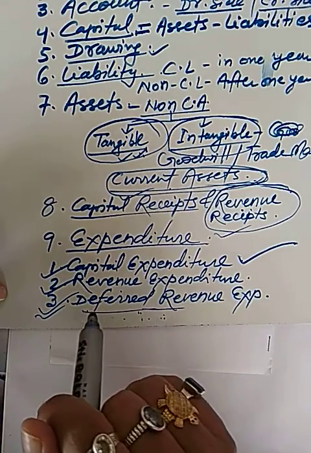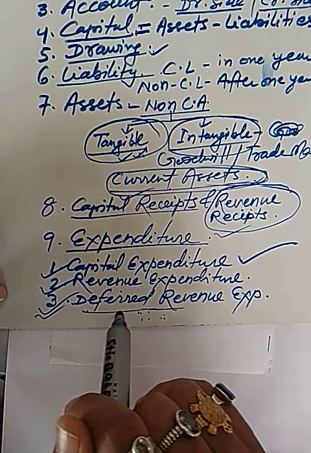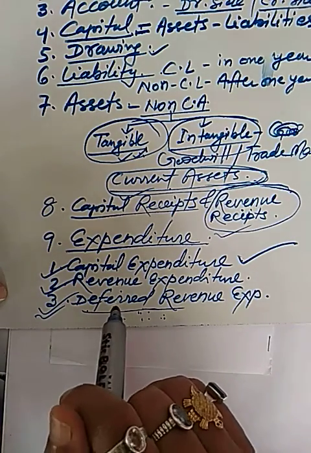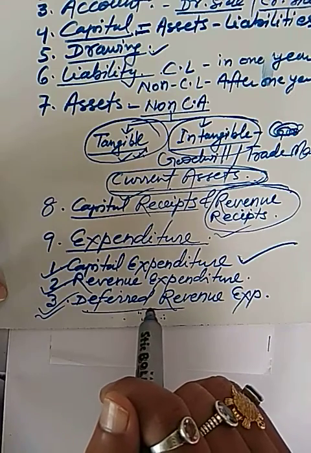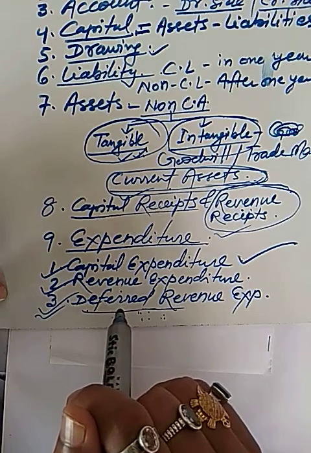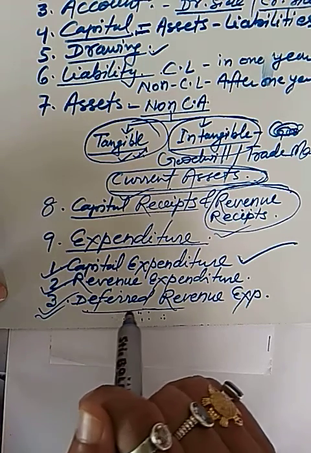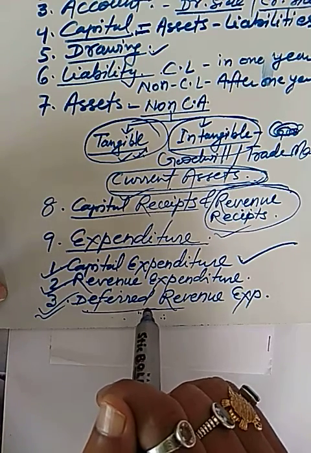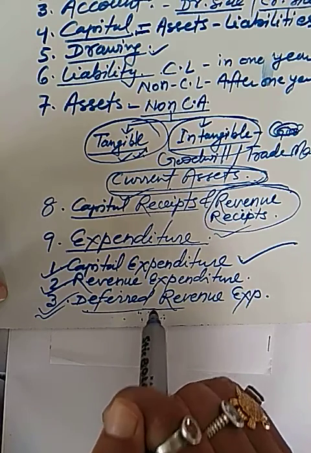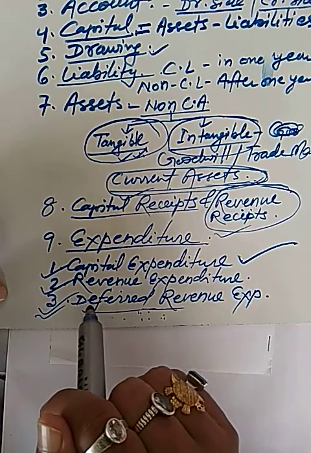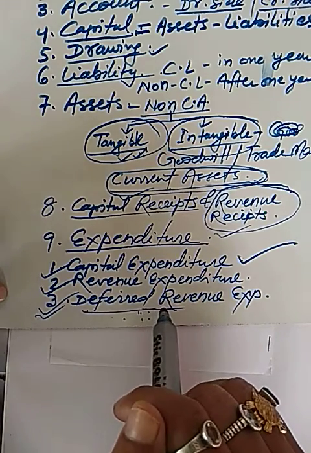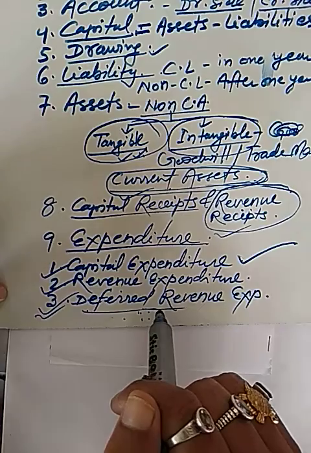The benefit of such an expenditure generally lasts between 3 to 7 years. As such, the whole of such expenditure is not debited to profit and loss account of current year, but spread over the years for which the benefit is likely to last.